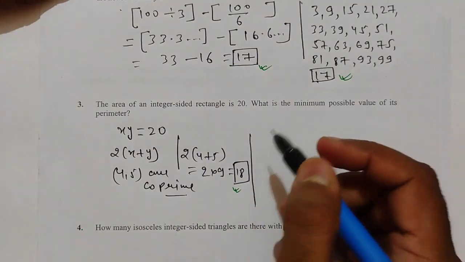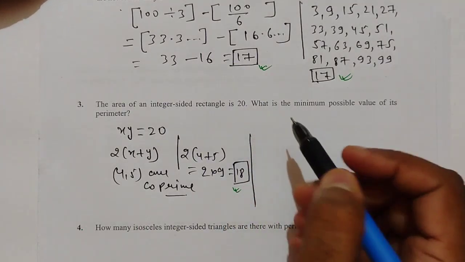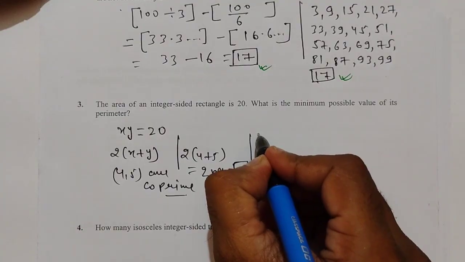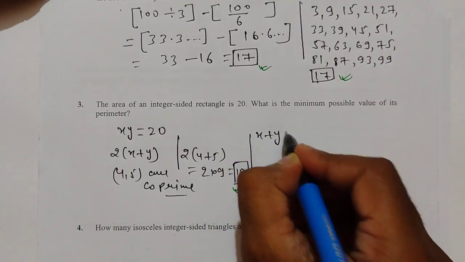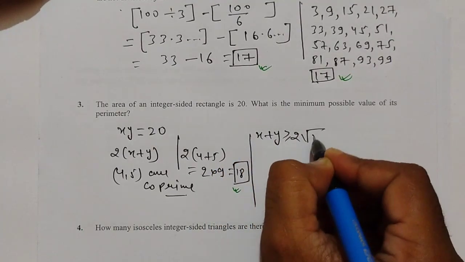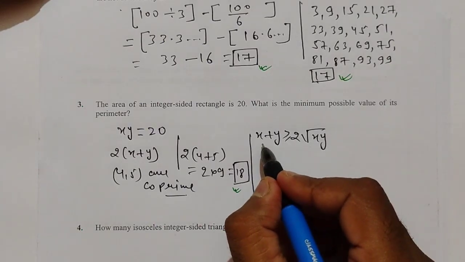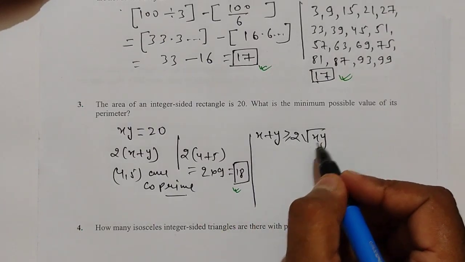Now we can also use the AM-GM inequality. We know that x plus y is greater than or equal to twice the square root of xy, because x and y are both positive lengths.